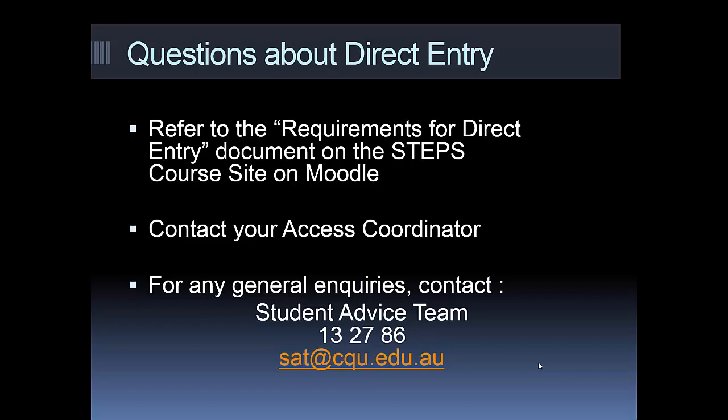If there's anything you're not sure about, or you're thinking of changing your course of interest, contact your access coordinator. And then if you have any general inquiries about the undergrad course you're aiming for, you can contact the student advice team on 132786 or send an email to sat@cqu.edu.au.